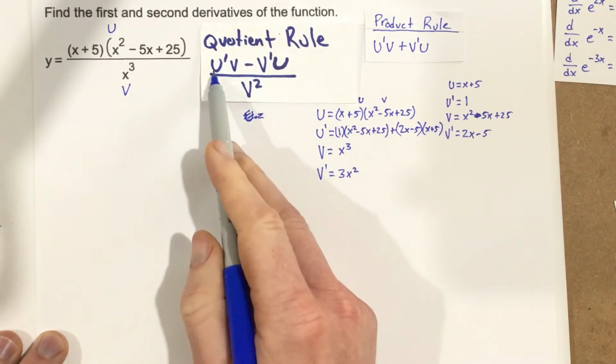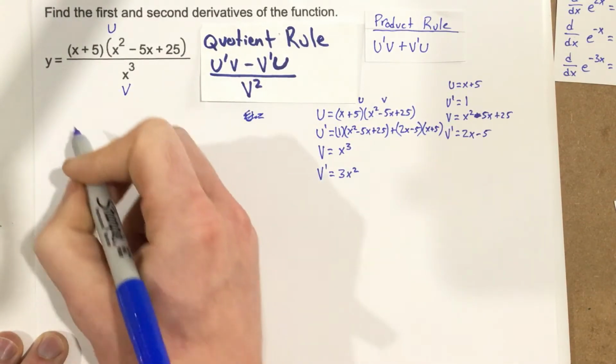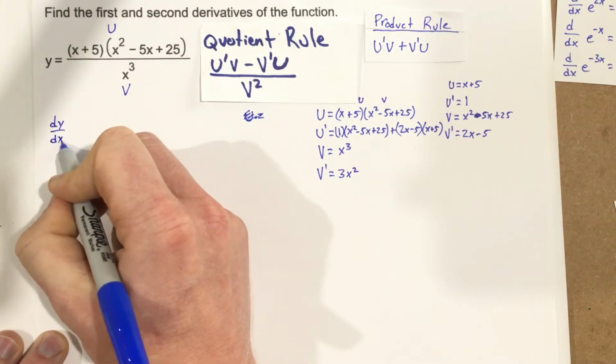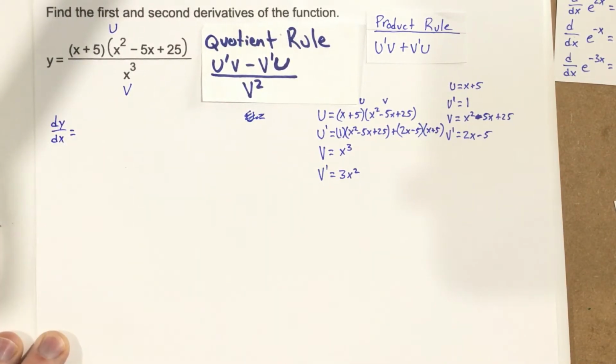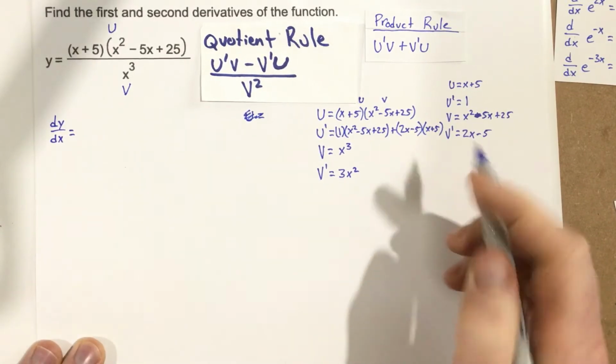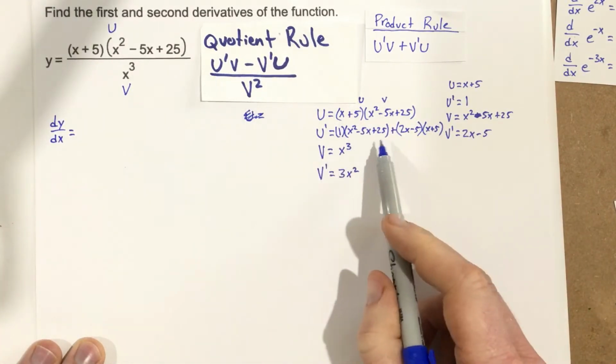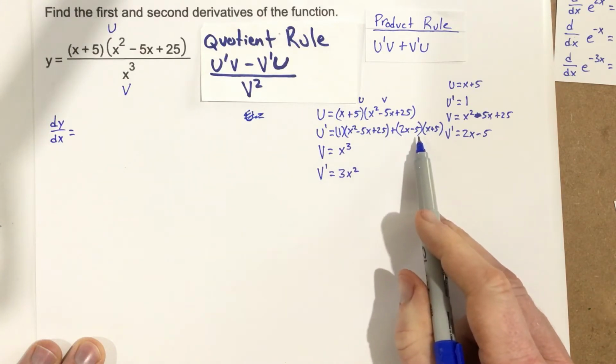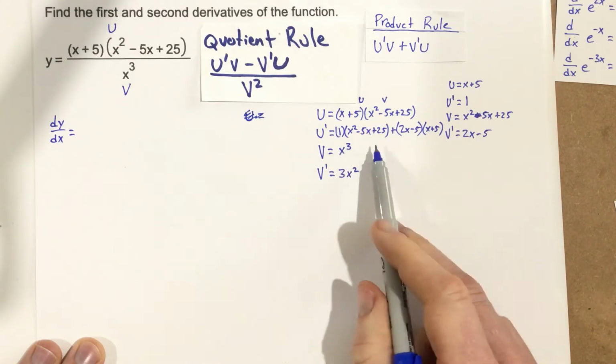We can now use the quotient rule on this problem. So we're going to say dy over dx equals, we're going to start with u prime. u prime is this long piece right here, which we could simplify, and we're probably going to simplify in the problem.